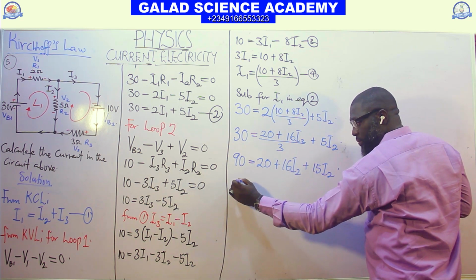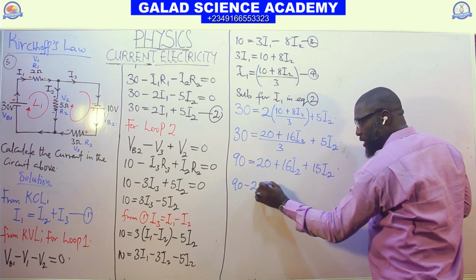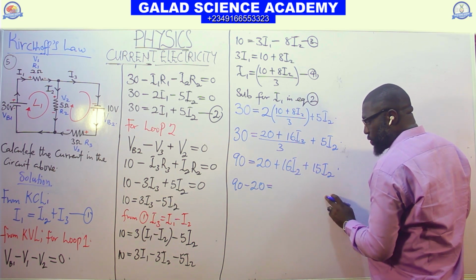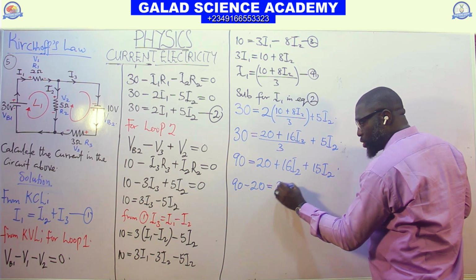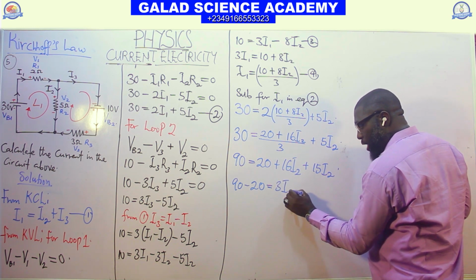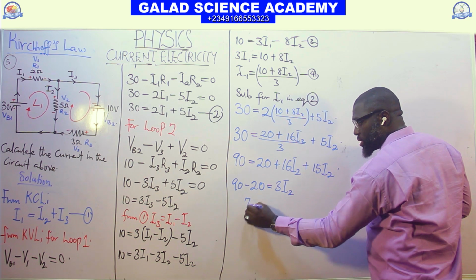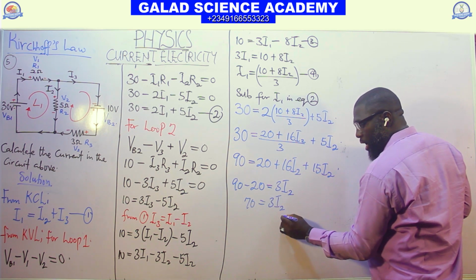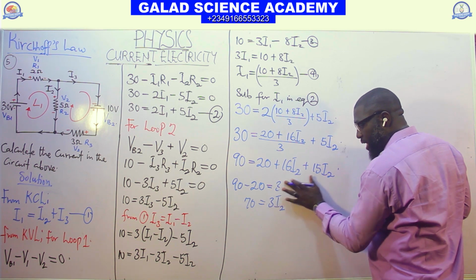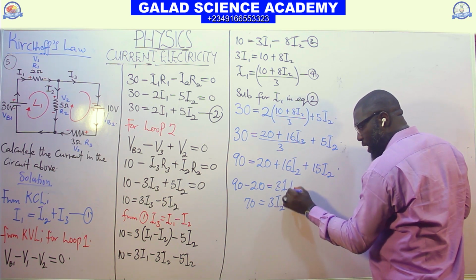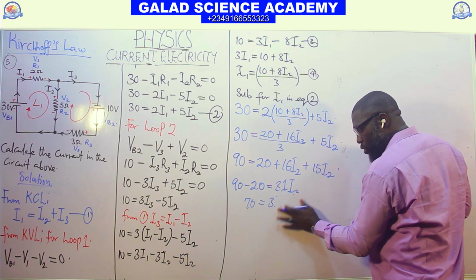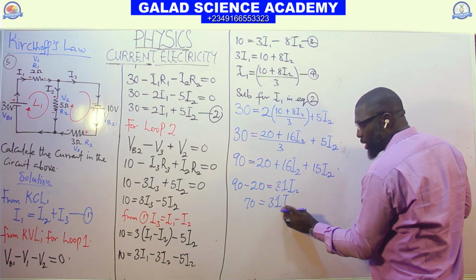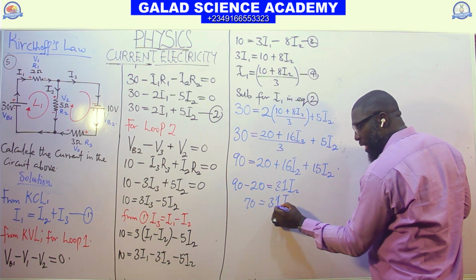We have 90 minus 20 will be equal to 70, and 16 plus 15 is 31I2. See, I made a mistake here again. So 70 equals 31I2. Divide both sides by 31.